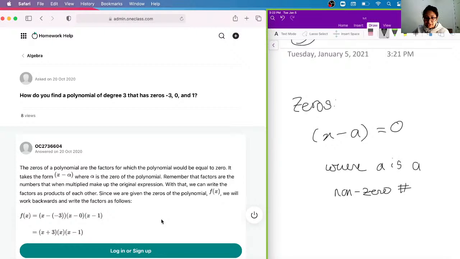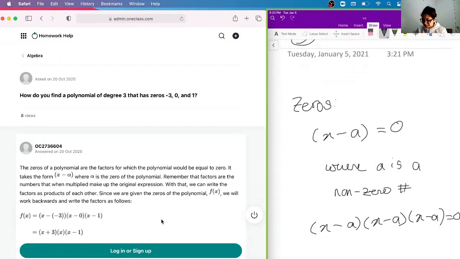Okay, and so this is where your whole equation will equal 0. With that, we can write the factors as products of each other. Since a polynomial equation has more than one term, you would have x minus a, times x minus another number, and so on, equal to 0 depending on which degree you have.